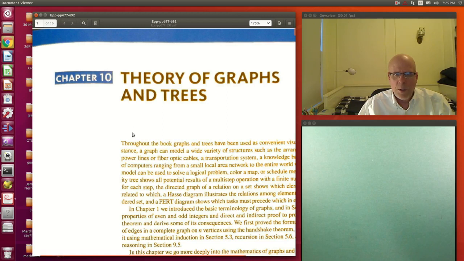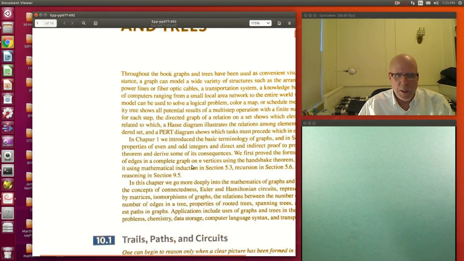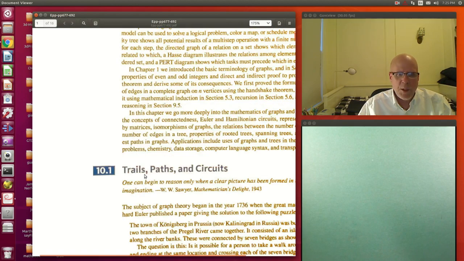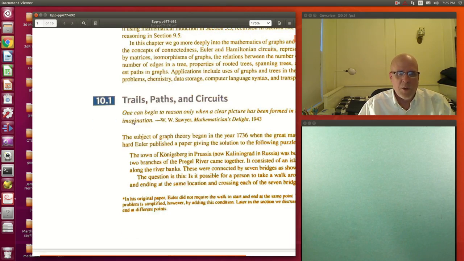We're going to launch into a much more rigorous study of graphs. We did have a little intro to them before, but now I want to really get into the meat of this topic. The first section in Chapter 10 is titled Trails, Paths, and Circuits, and essentially my goal for this is for you to understand what those things are. That is, what is the meaning of these words?